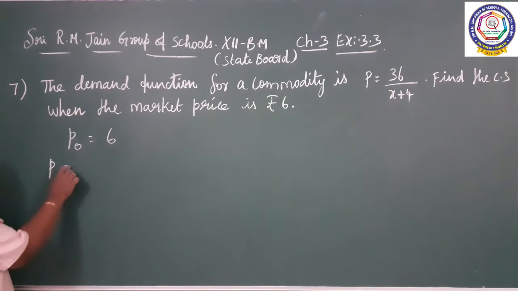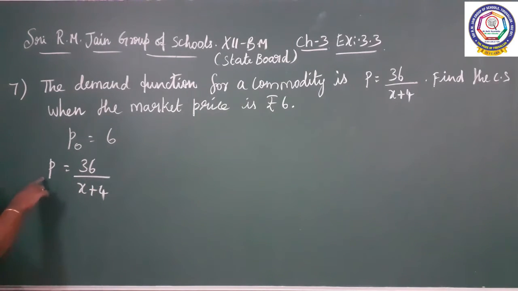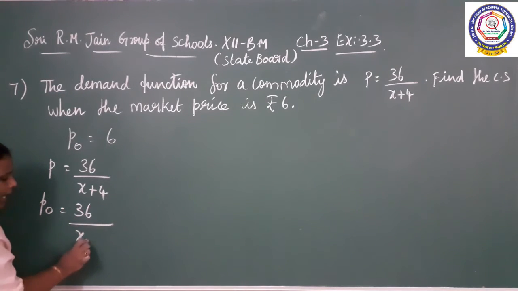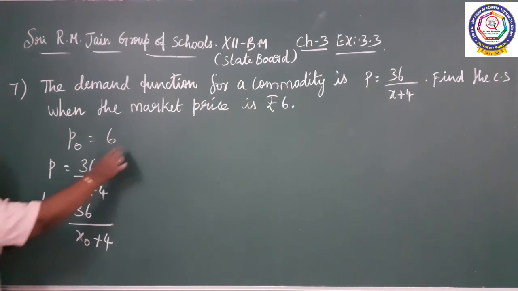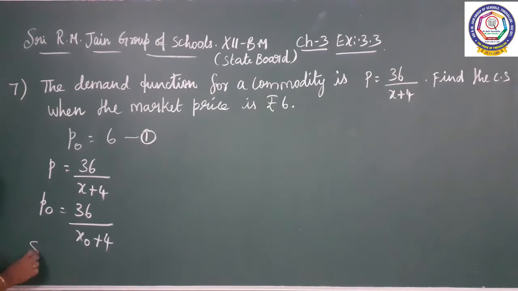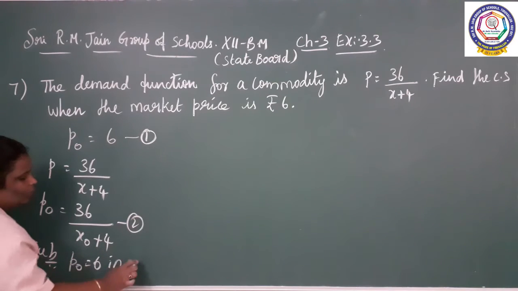So P equal to 36 by x plus 4, P naught equal to 36 by x naught plus 4. So substitute P naught equal to 6 in the second equation.